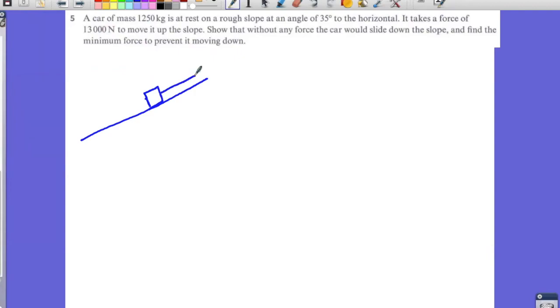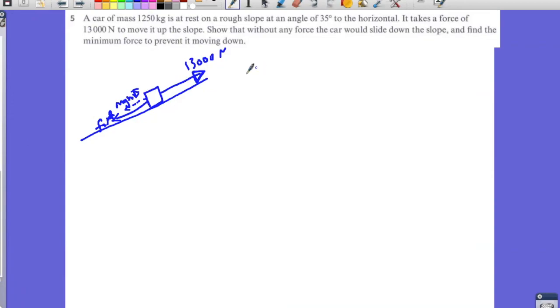So it means that when it is in limiting equilibrium, you have this force 13,000 newtons, and you have the frictional force here, which is mu R. And you also have mg sine theta there.